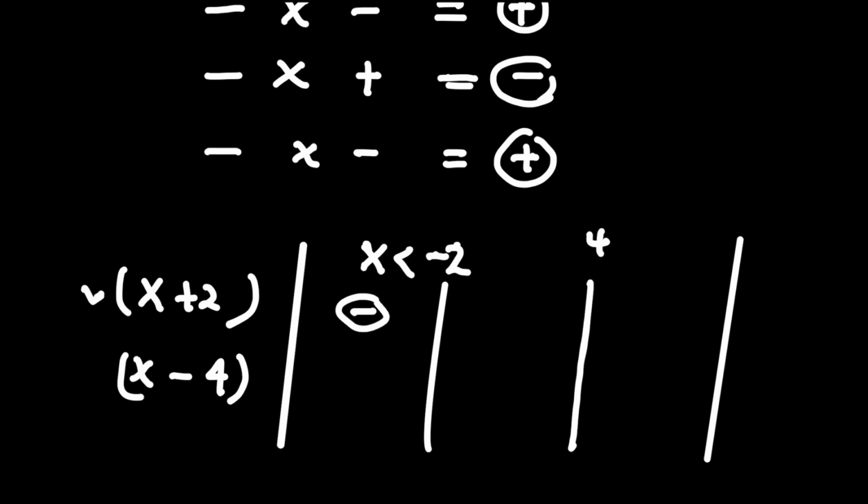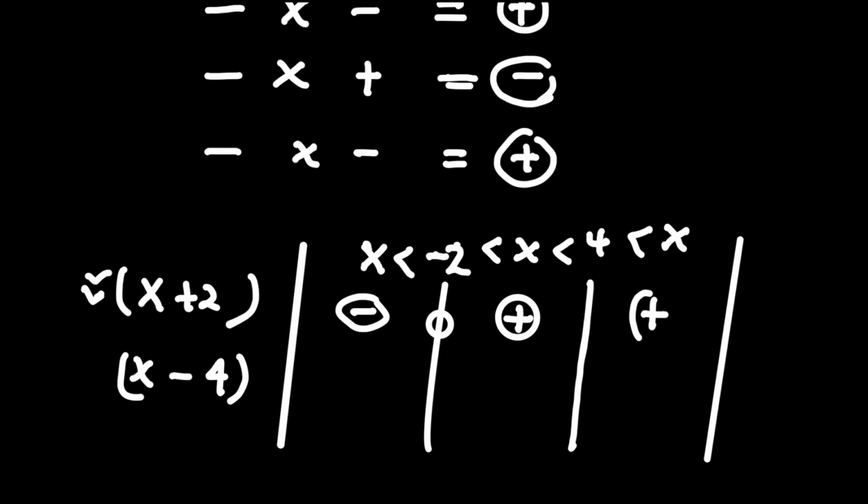And at minus 2, we're going to get 0. And then any value of x that is less than 4 but greater than minus 2, let's say 1, we're going to get a positive value. Then last but not least, choose any value of x that is greater than 4. Let's say 5. Put a 5 there, we're going to get a positive value.